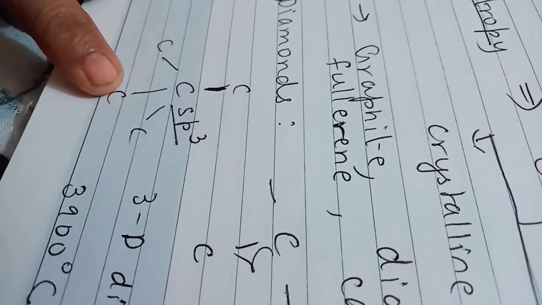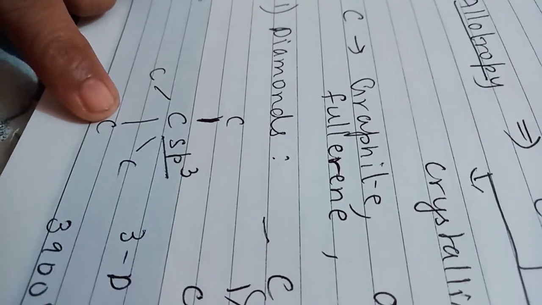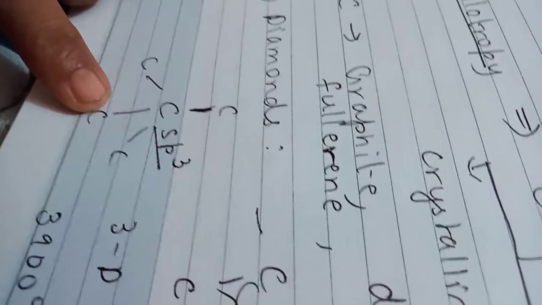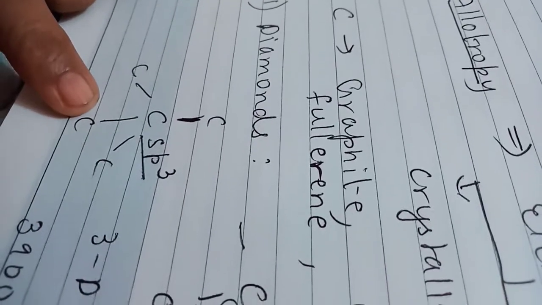Each carbon atom is sp3 hybridized, linked to 4 other carbon atoms at the corners of a regular tetrahedron. The tetrahedral arrangement of carbons is linked by strong covalent bonds to form a three-dimensional network, leading to a very high MP of 3900 degrees Celsius.